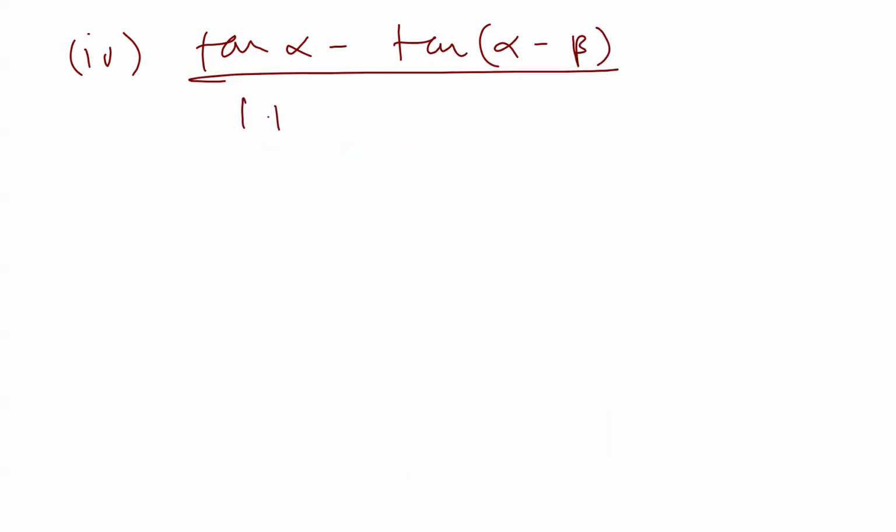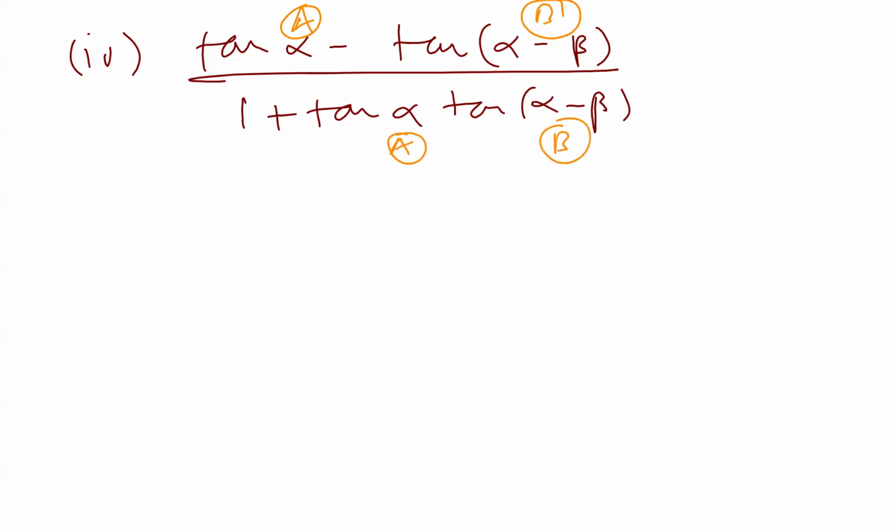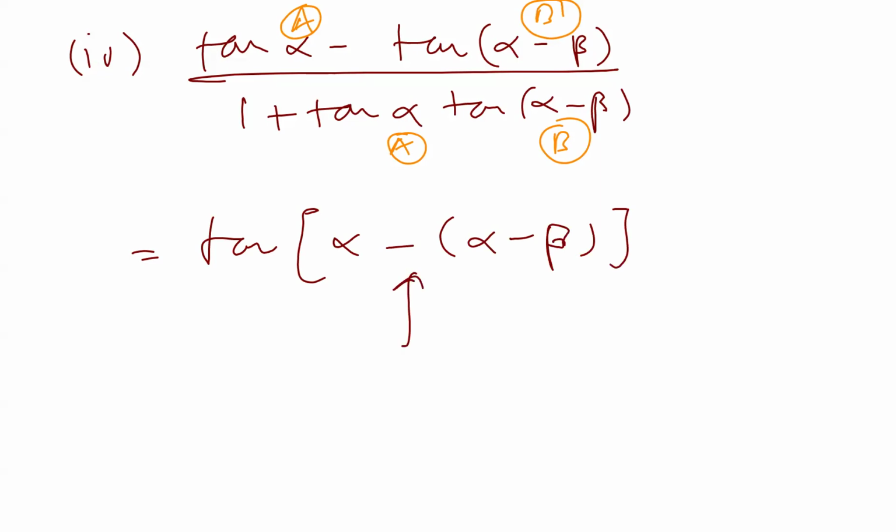Sub question 4, tan alpha minus tan alpha minus beta, 1 plus tan alpha minus beta. So this is A, this is B, this is A, and this is B. So this is tan A minus B. The round brackets are important because there is a minus sign over here.